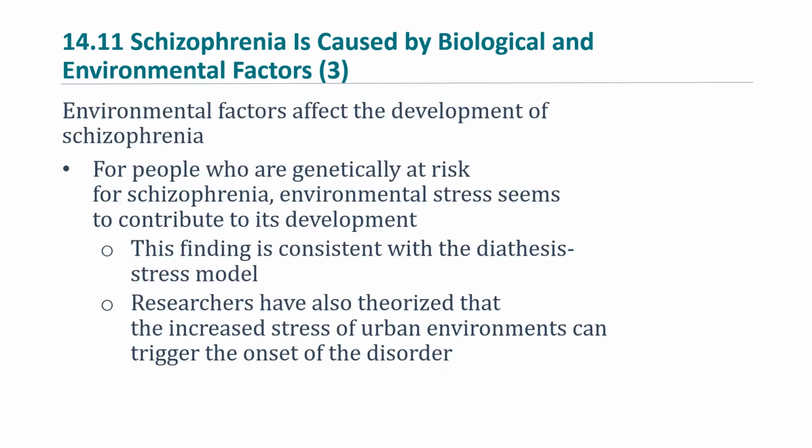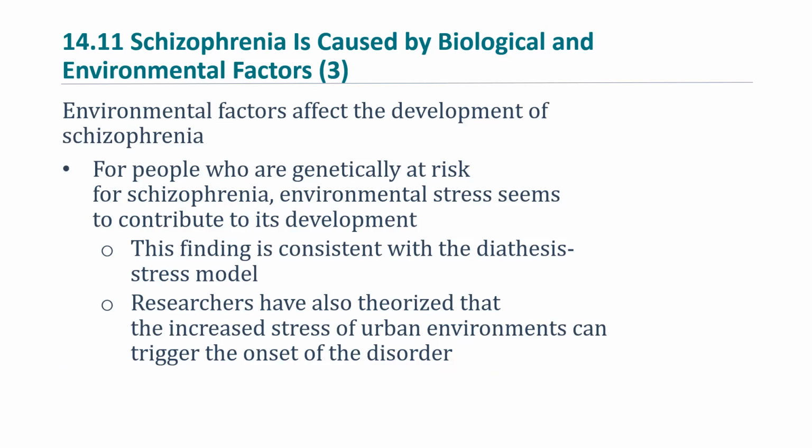Environmental factors also affect the development of schizophrenia. Remember the diathesis stress model? It proposes that schizophrenia is a joint product of a genetic vulnerability, which remember we call the diathesis, and environmental stressors that trigger that vulnerability. It triggers the diathesis.